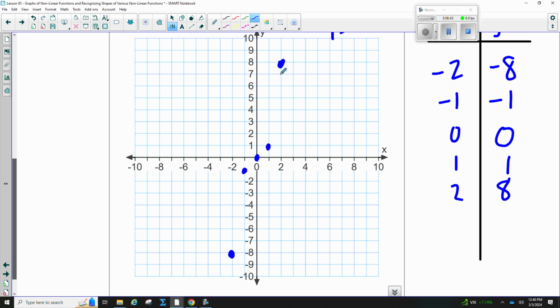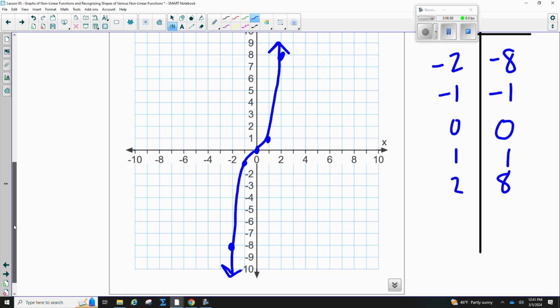So what you need to know is it curvy curves up and goes forever up, and it curvy curves down to the left. Okay. If you just see a graph that looks like this, you're going to be like, that's a cubic function. That's all you really need to know from this lesson, right? Is just matching the graph with the x cubed.